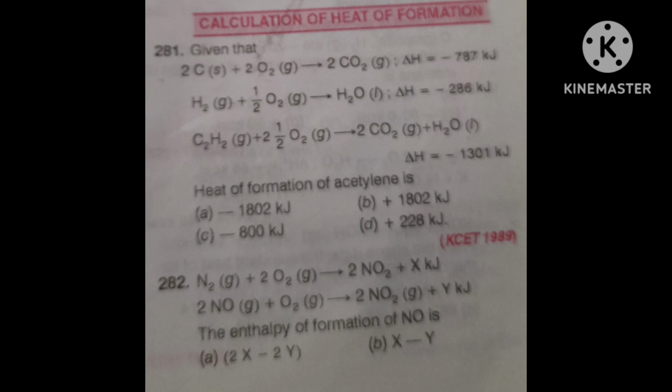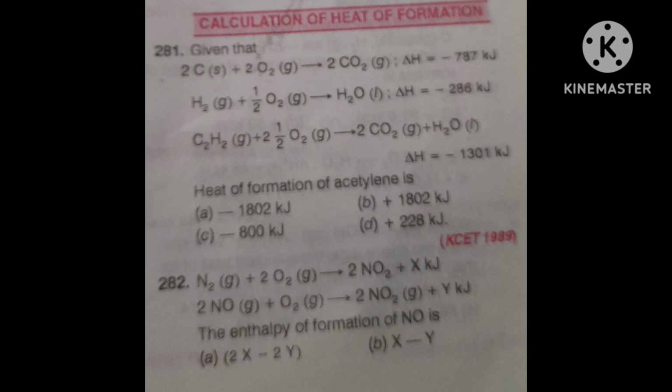Then how will you get this? Given equation 1, just divide it by 2. Correct? And given equation 2 also divide by 2. You want actually NO only 1 mole.